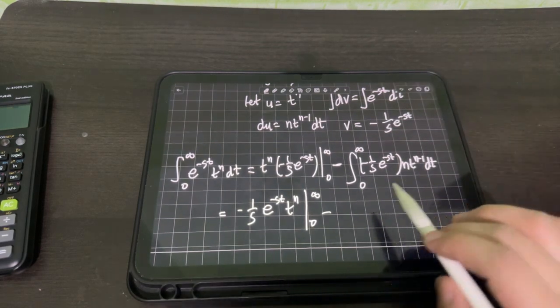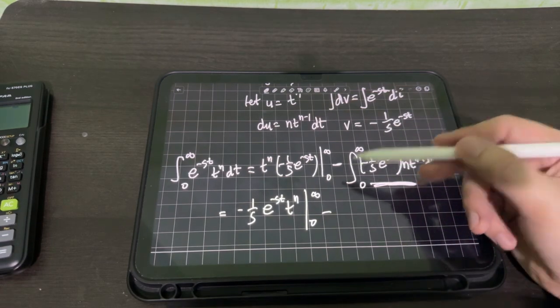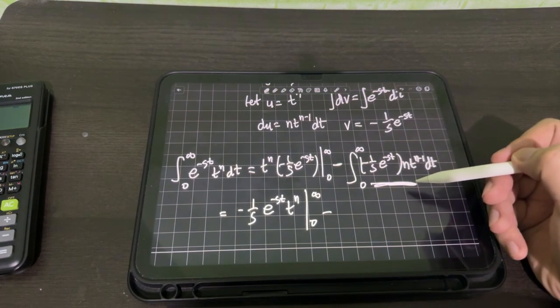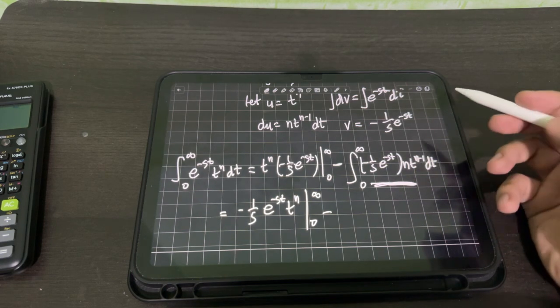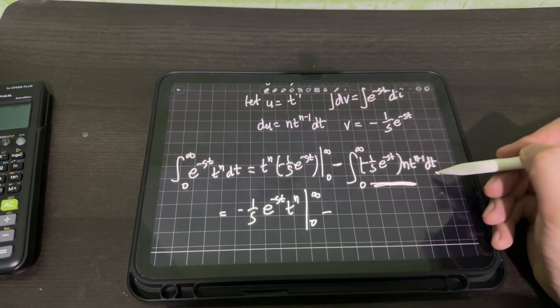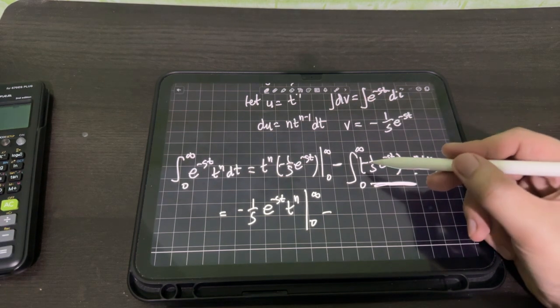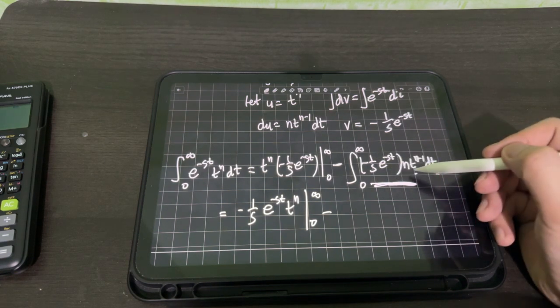We can put the constant inside the integral in front, which is negative 1 over s times n, because the independent variable is t, since we're integrating with respect to t. So negative 1 over s times n, or negative n over s, is considered constant.